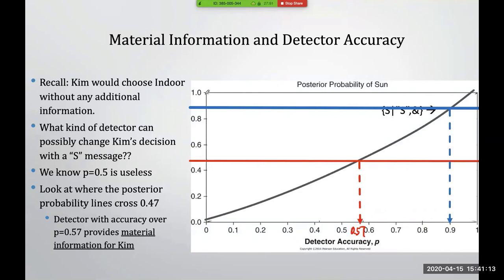And in this range, these two combined, Kim will change her decision from indoor to porch or outdoor. So here it's outdoor, here it's, I'm sorry, it's not indoor, it's porch.